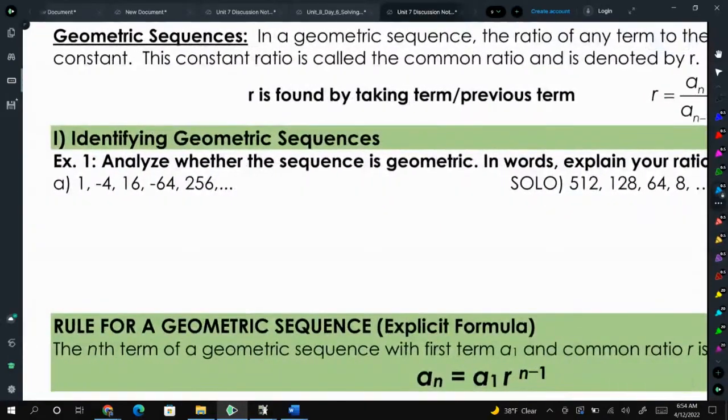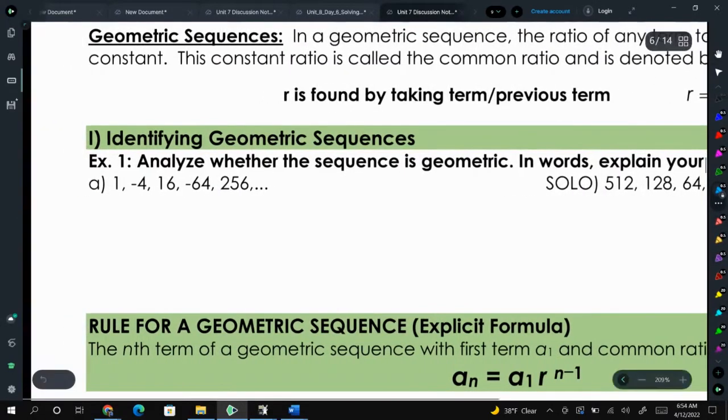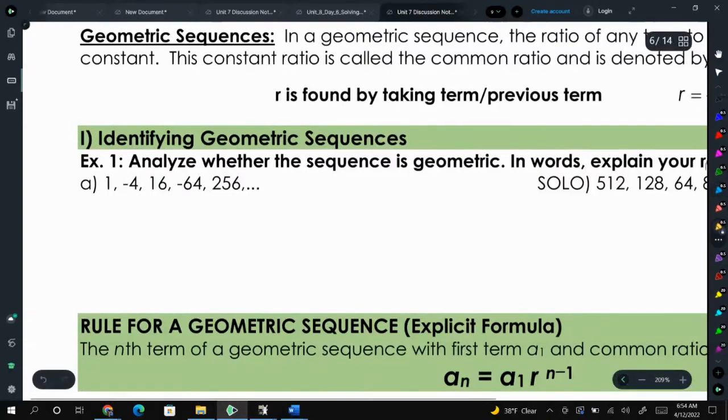Analyze whether the sequence is geometric and explain our rationale. For this to be geometric, any term we take, so I'm going to do -4 divided by 1, equals -4. And then 16 divided by -4 is also -4. So far it works, but we have to do it for every term. -64 divided by 16 is also -4.